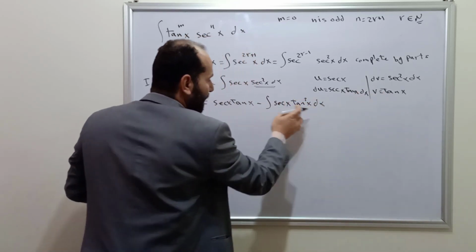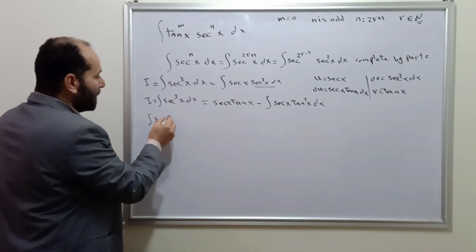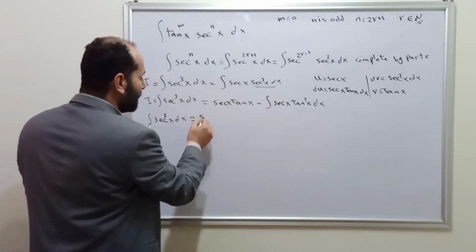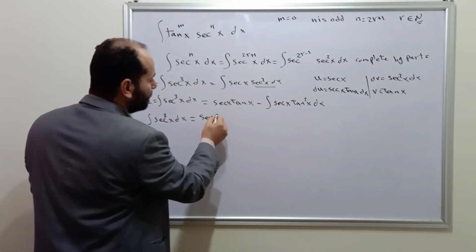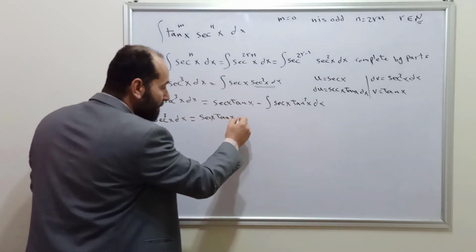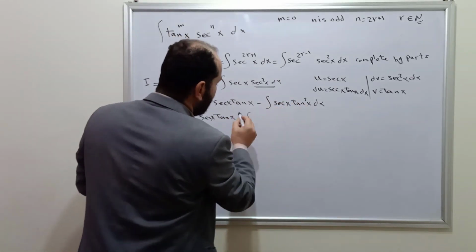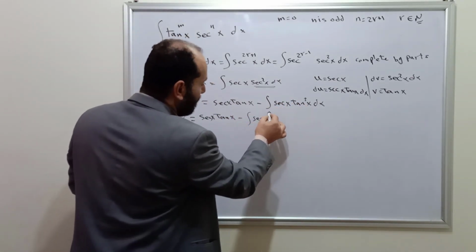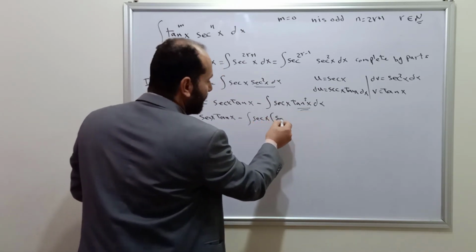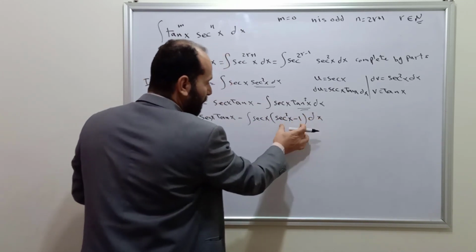So the integral of sec^3 x dx equals sec x tan x minus this integral. We substitute tan squared x equals sec squared x minus 1 from the identity.